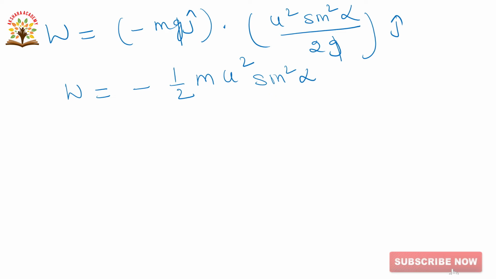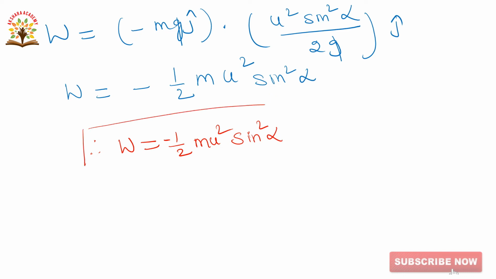So finally, W is equal to minus half m u² sin²α. This is the work done by gravity. Okay. Next we will go to the next question.